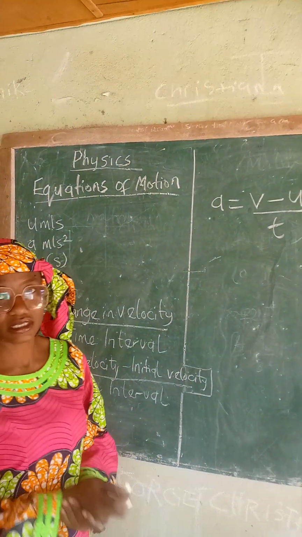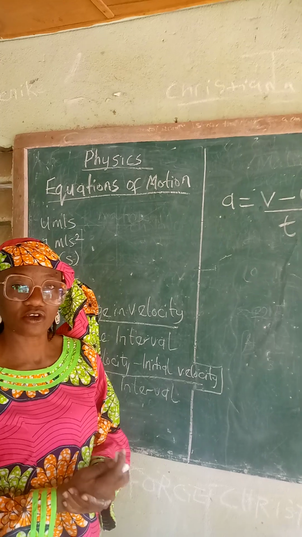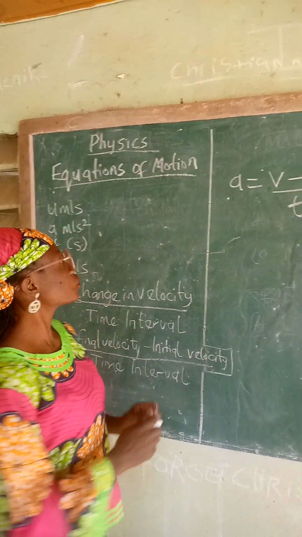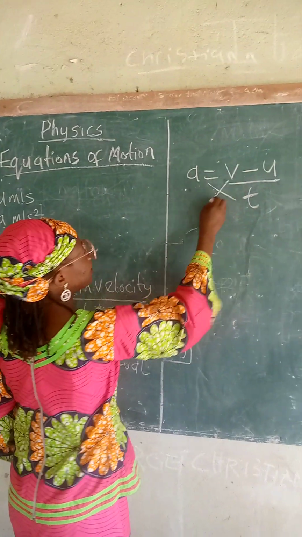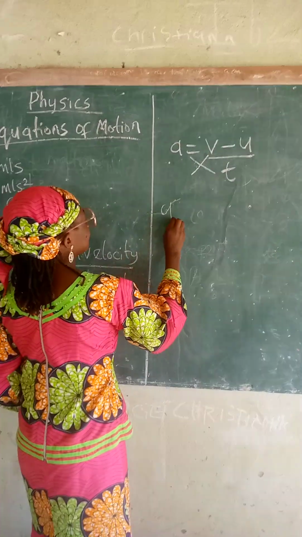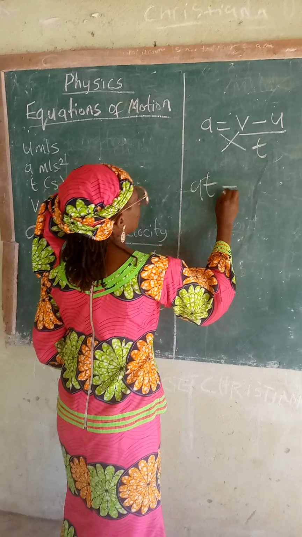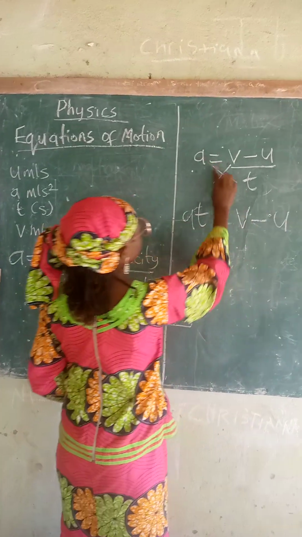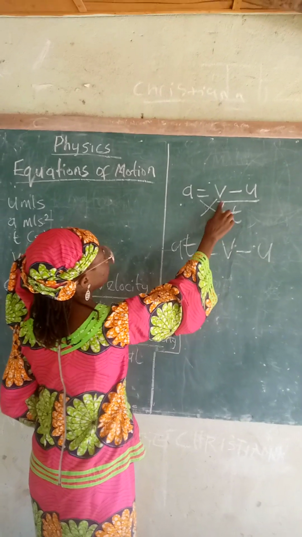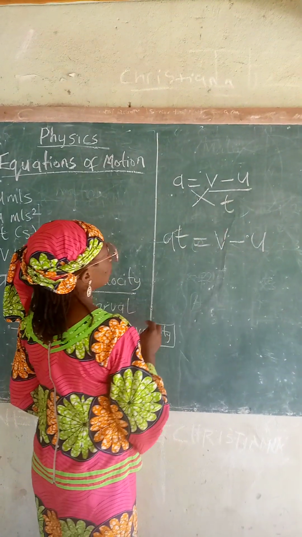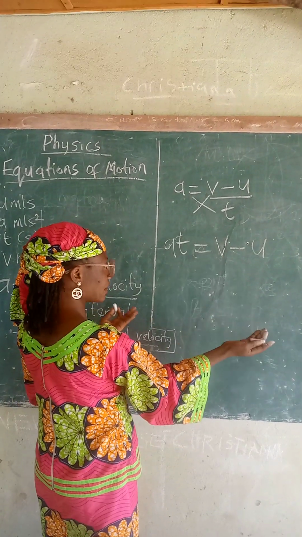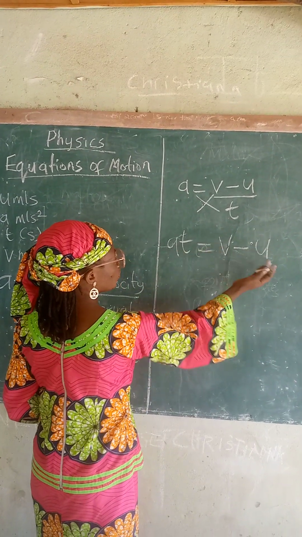is time taken. Now the first equation of motion is derived from the formula of acceleration. So if we cross multiply, we have at is equal to v minus u. Now if we make v the subject of the formula, or simply put, we will add u to both sides.